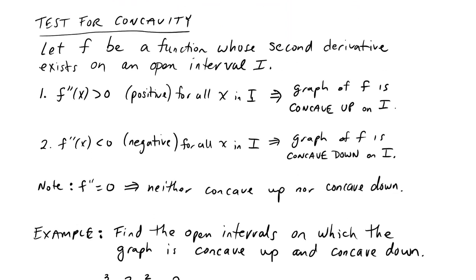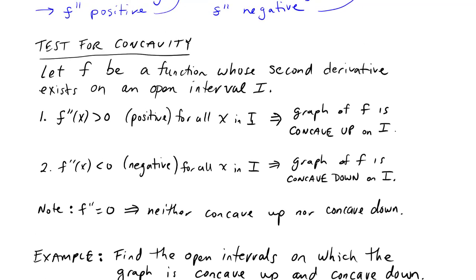All right, so how does that work? Well, here's your test for concavity. Let f be a function whose second derivative exists on an open interval I. If f double prime is greater than 0, in other words, the second derivative positive, the graph of f is concave up.